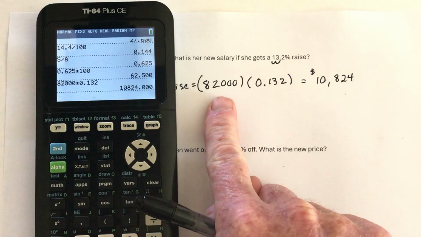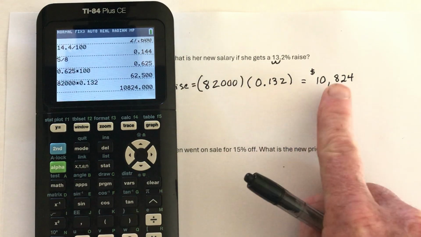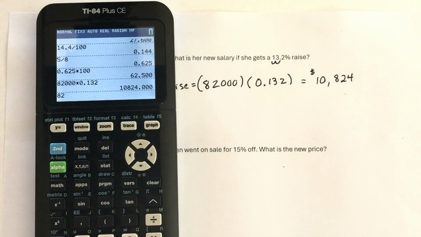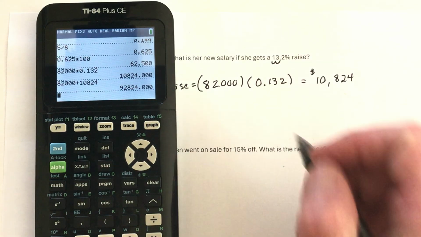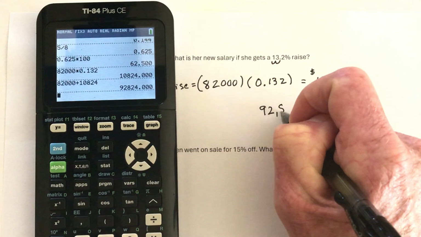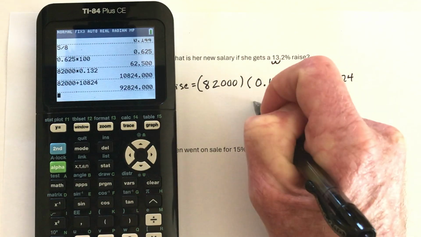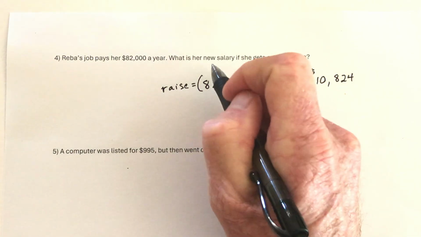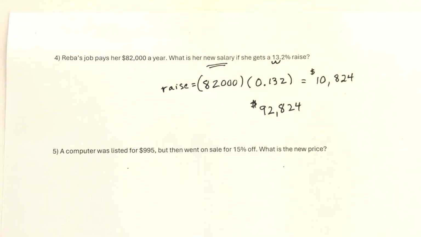And if her original salary was 82,000, then add this on. So if you take the 82,000 plus the $10,824, now she's up to $92,824. And that is her new salary.